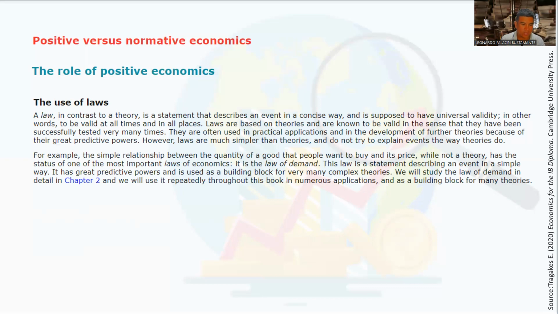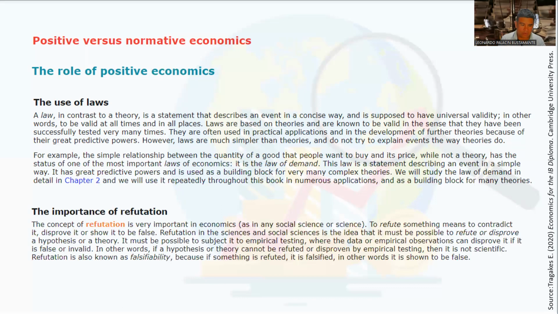It has great predictive powers and is used as a building block for very many complex theories. We will study the law of demand in detail in chapter 2, and we will use it repeatedly throughout this book in numerous applications. So the law of demand will be used throughout the course book as a building block for many other theories.